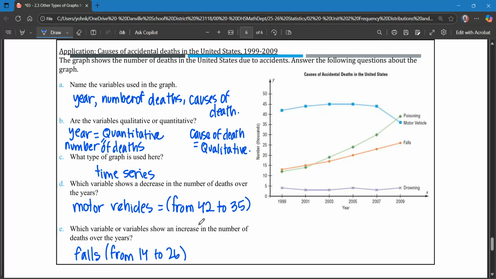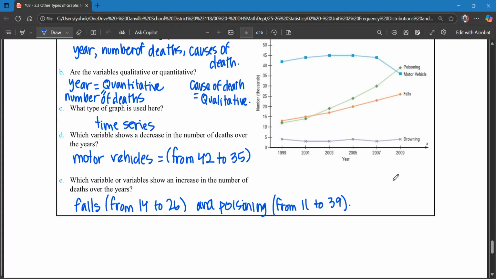And it looks like poisoning also increased. They went from 11 all the way up to about 39. All right, so we had 2 increase, 1 decrease.